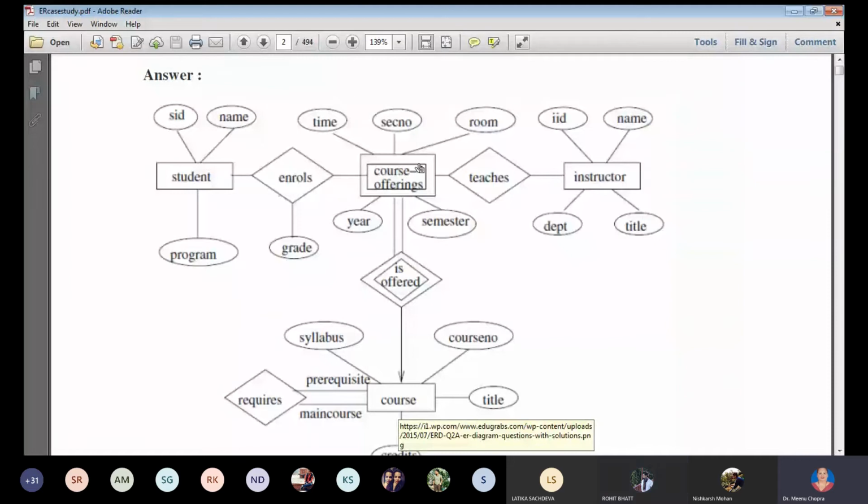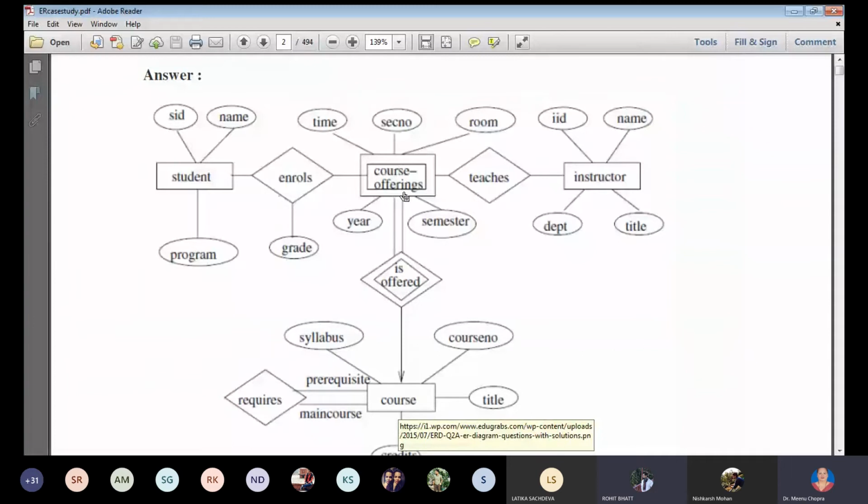Fine. So that is why it is weak, and that is why its relationship with the course is also considered weak. So there is also a weak relationship because it doesn't have an identity of its own. Yes, everything is linked up, but it doesn't have its own. The course that offers is the same one in which the student enrolls, and the same one the instructor teaches.